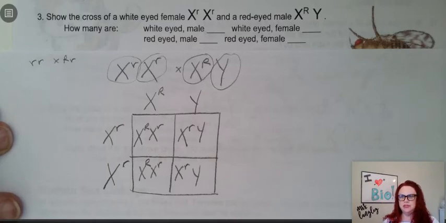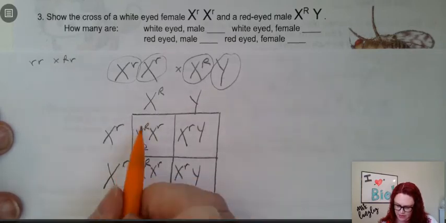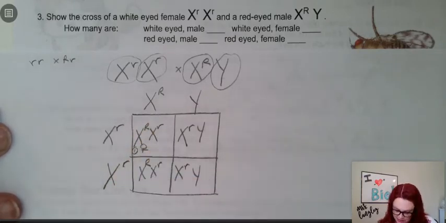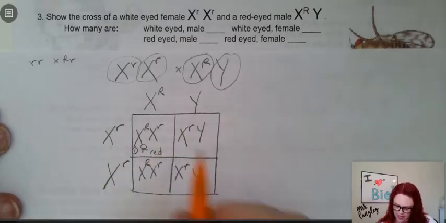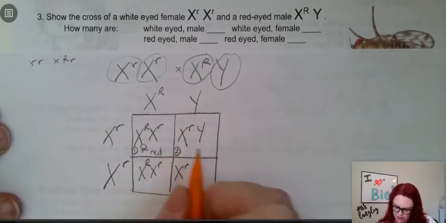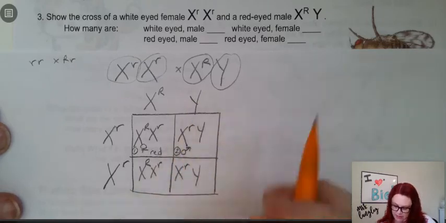The next thing to do is to determine from these genotypes, what are the phenotypes? Well, here in this first box, I have 2 X's, that means female. I have heterozygous, that means red. I have an X and a Y for box 2, that means it is male. I have a lowercase r, that means white.